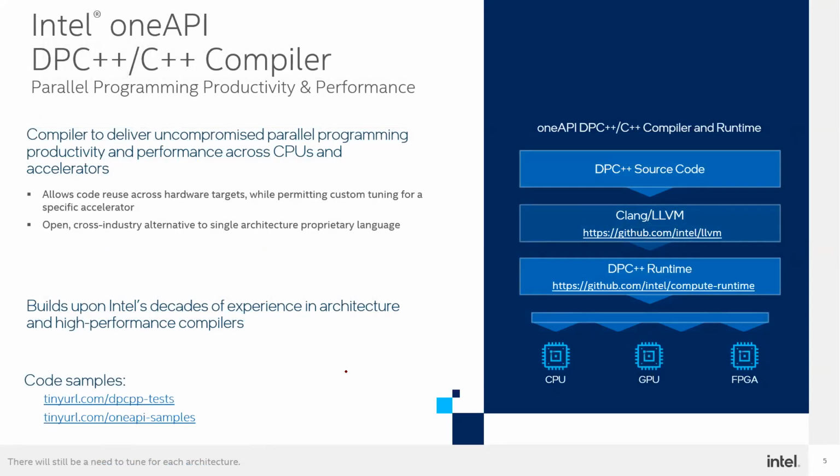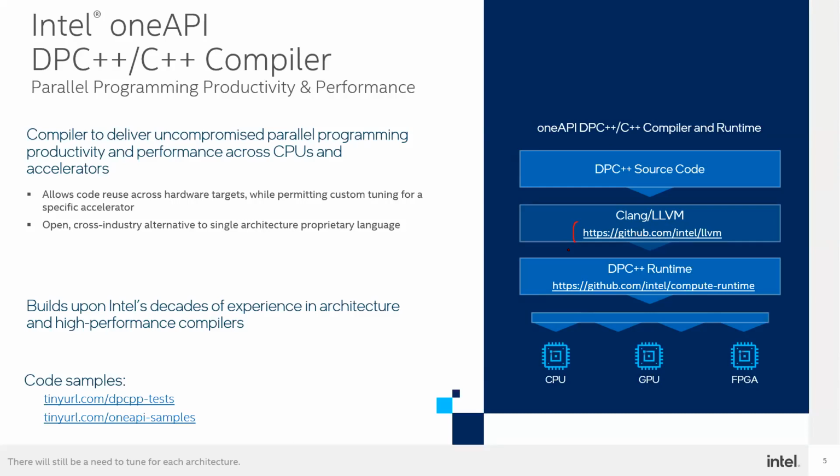A few words about implementation. We are implementing our compilers, and almost all parts of the compiler architecture are implemented in a GitHub open source project. The compiler is based on the LLVM framework, and the front end is Clang based. You can always go to this repository and take a look at the sources of the compiler itself.